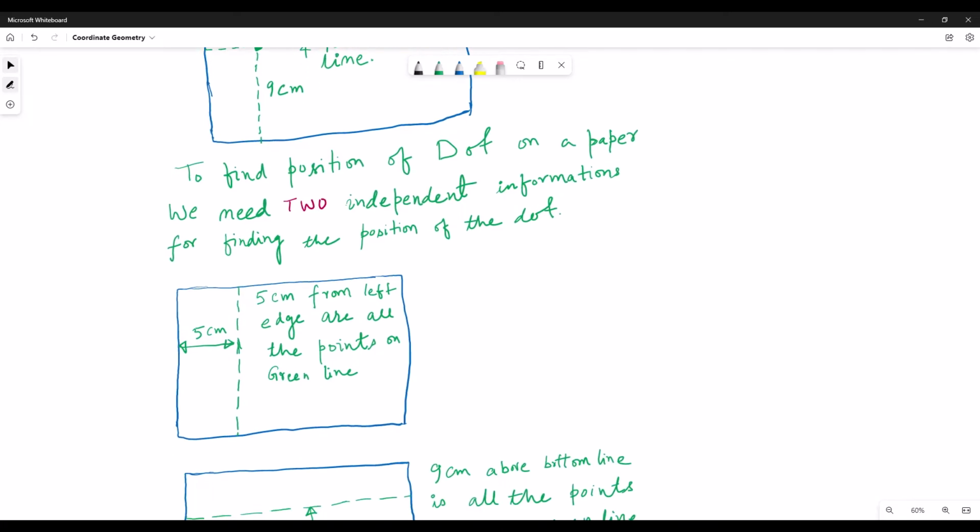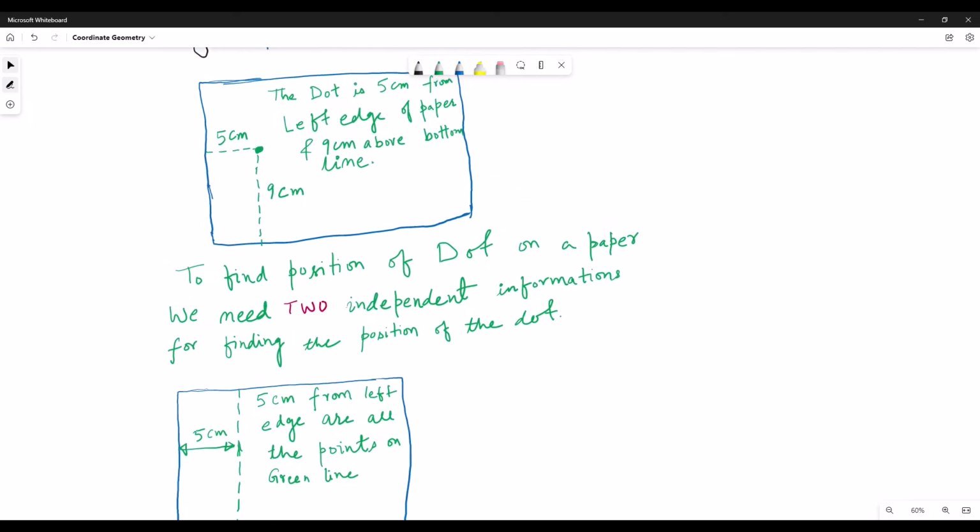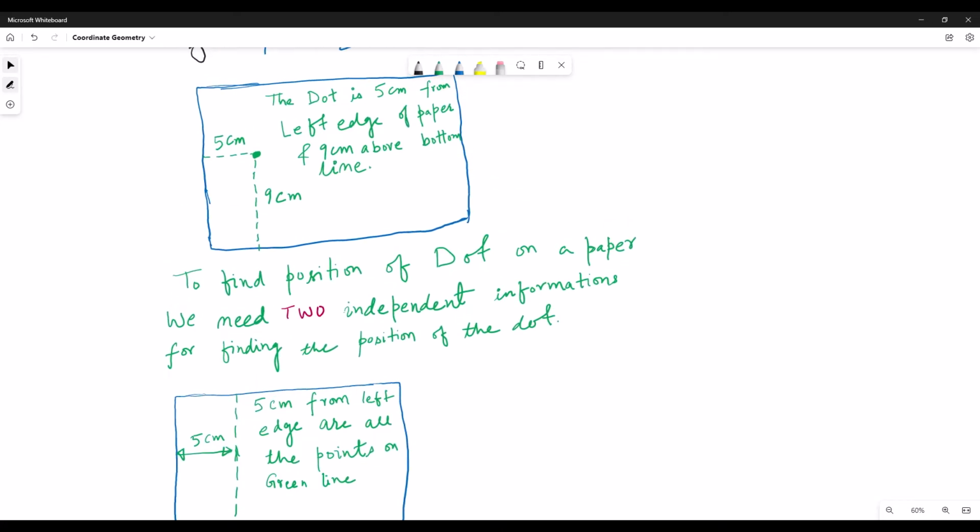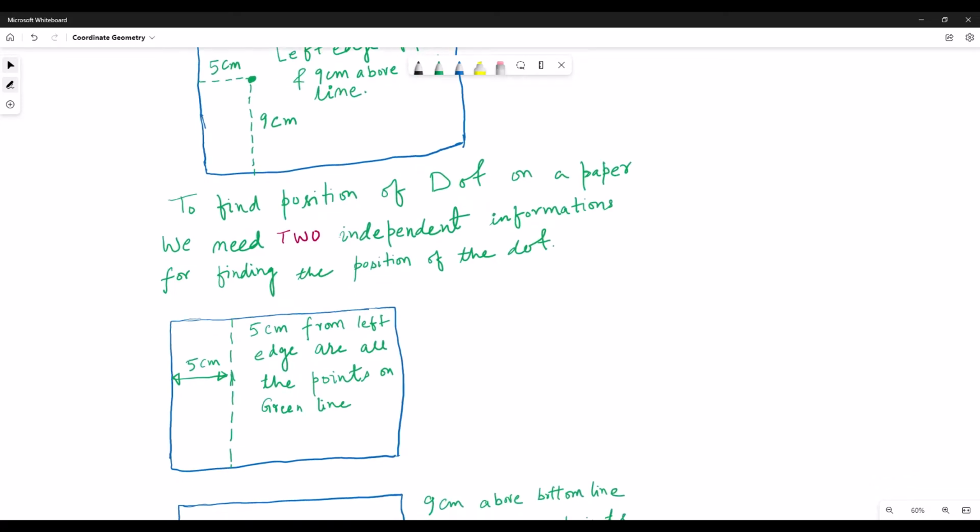To find the position of a dot on paper, we need two independent pieces of information. If I only say that the point is 5 centimeter from the left edge, then all these points are 5 centimeter from the left edge. The point is not unique.